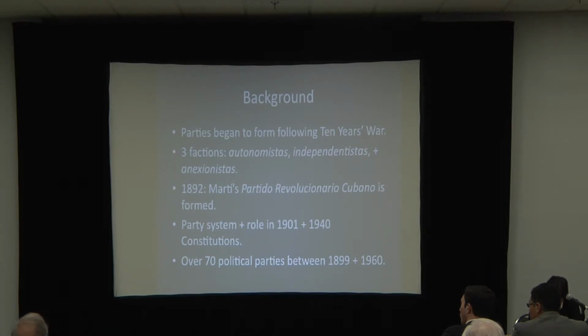These are the parties that I was able to identify. I had trouble, first because there isn't that much information out there about these parties, but also because it's confusing, since a lot of the names are similar or even the same, but definitely at least 70 parties functioned within that time period.